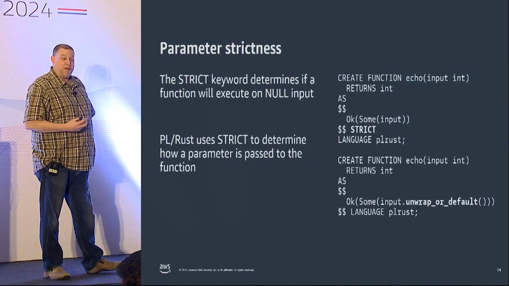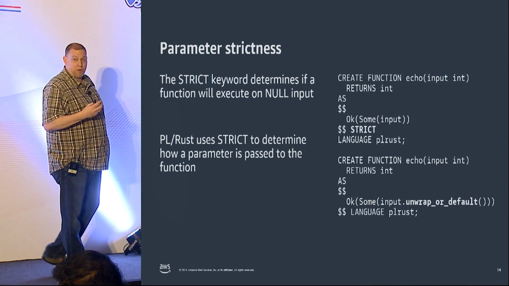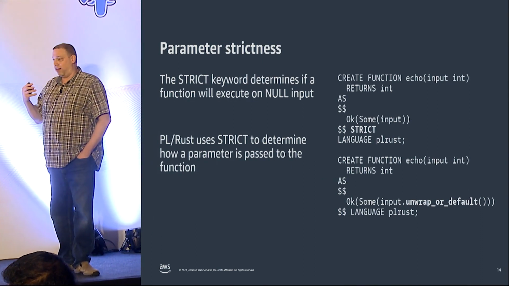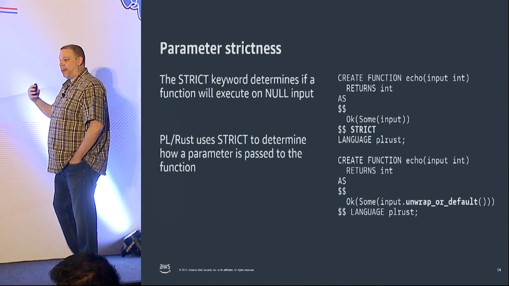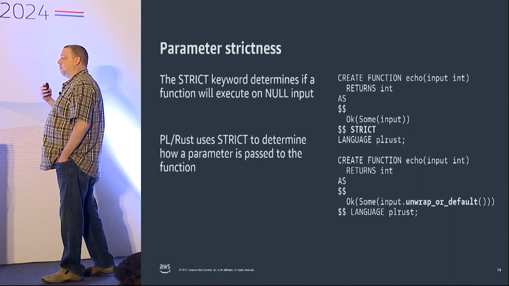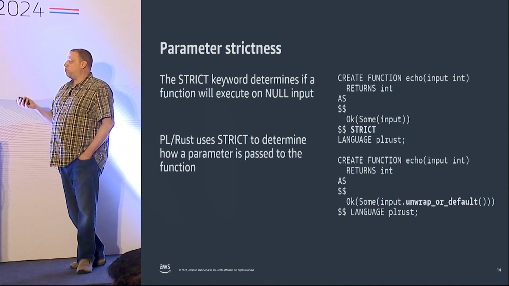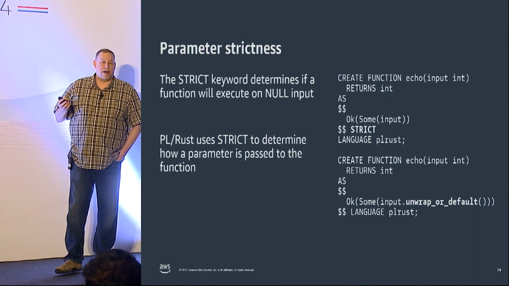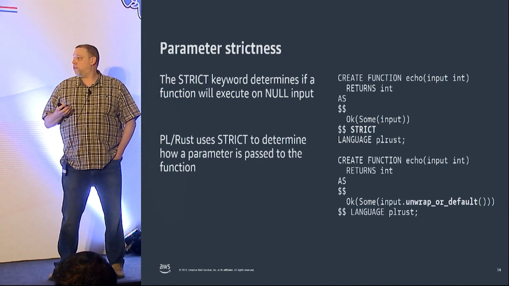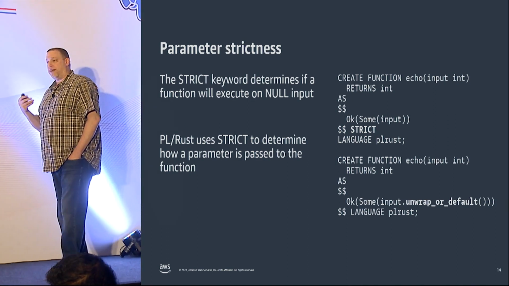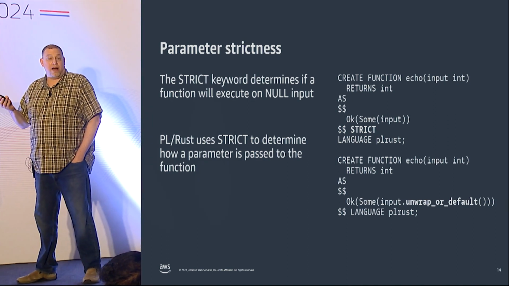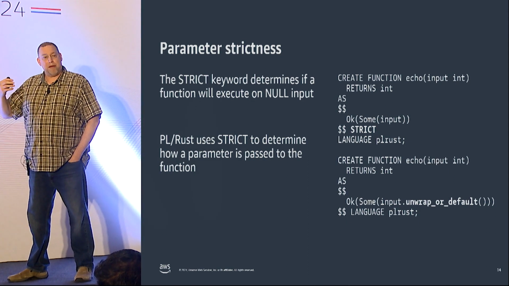Other things with parameters coming in: because your parameters can be null, the Rust code is very strict at compile time about knowing whether or not it has to handle null. So Postgres has a syntax on its create function called strict. Strict tells Postgres whether or not the input parameters can be null.